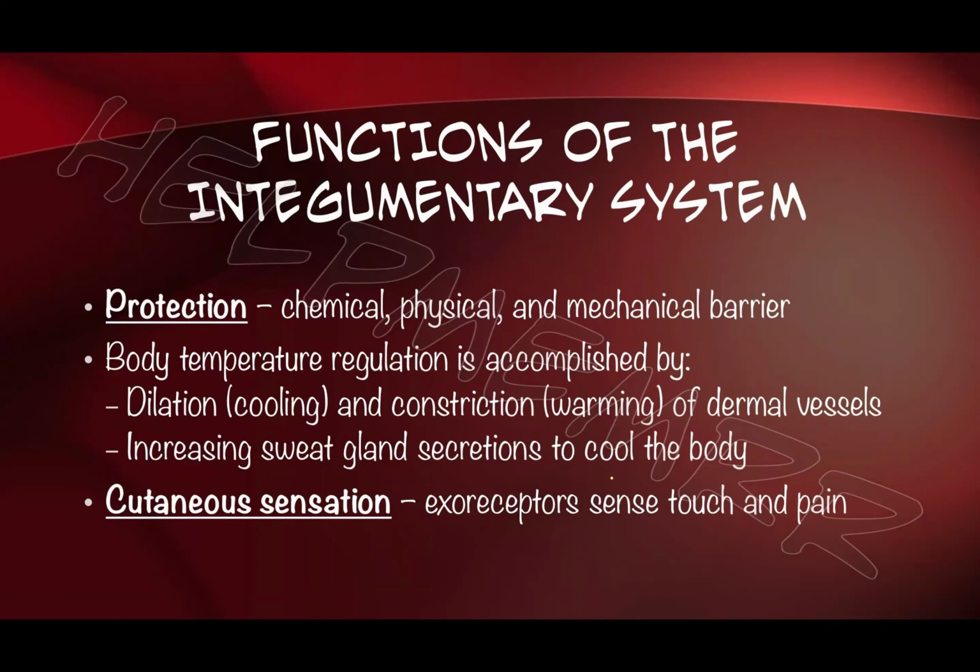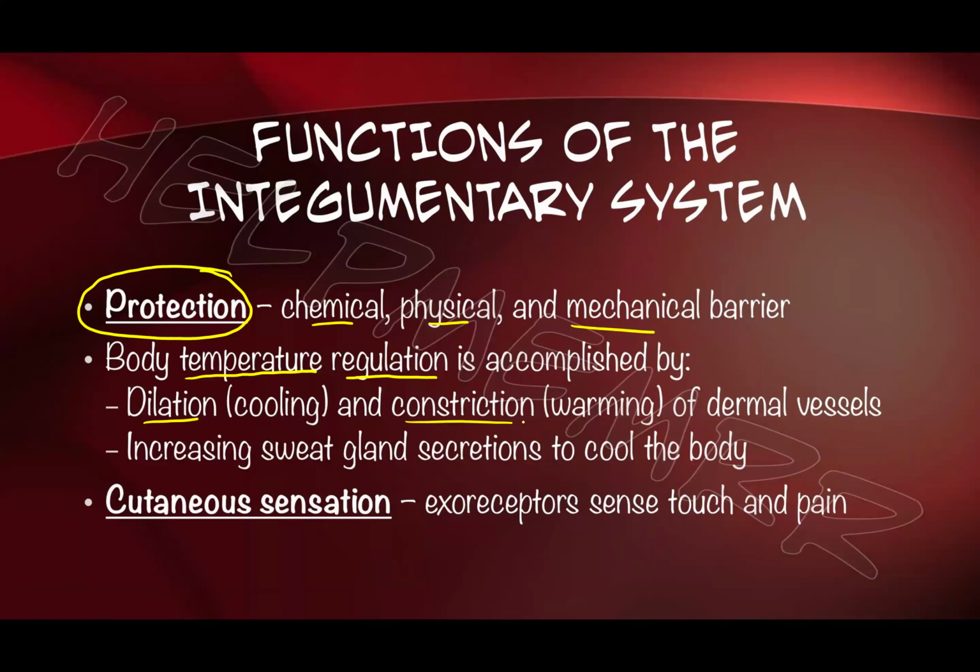Now, when we look at functions of the integumentary system, we said that number one was protection: chemical, physical, mechanical. But there are other things that come into play. Body temperature, still protection, but regulation here. We're going to regulate our body temperature by dilating and constricting blood vessels.